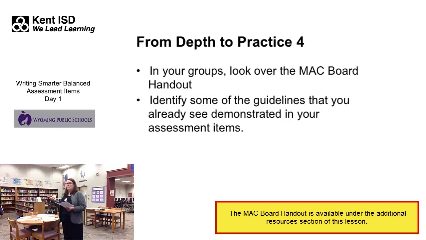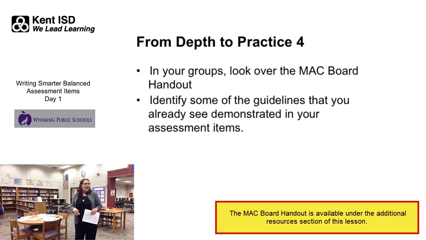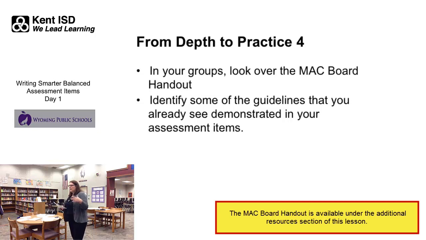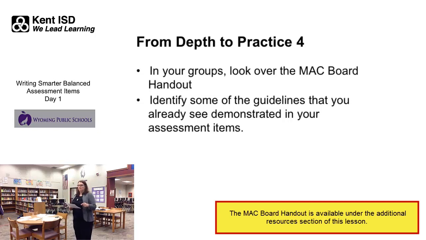And I'll say with Smarter Balanced assessments, there are questions in which you'll have more than one correct answer. And students will be expected to select all that apply or all correct answers. And so with number 24, it's going to be, how do you word that stem for this type of question?